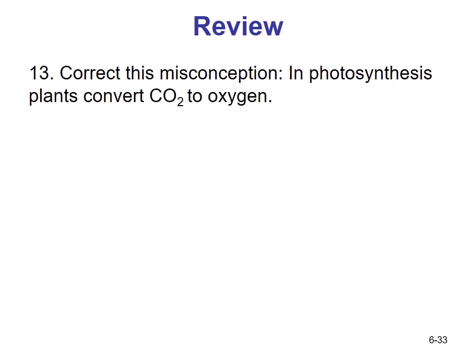So the oxygen comes from the splitting of water in the light reactions, and the carbon dioxide is part of the Calvin cycle. So that's a problem right there, right? So the oxygen does not come from the carbon dioxide. The oxygen comes from water, and it's produced in the light reactions. The carbon dioxide is used to create carbohydrate in the Calvin cycle. So be careful with that thought as well.